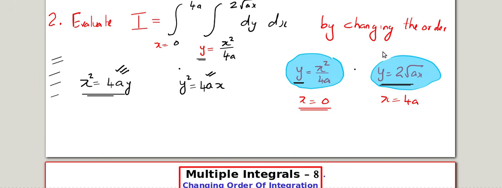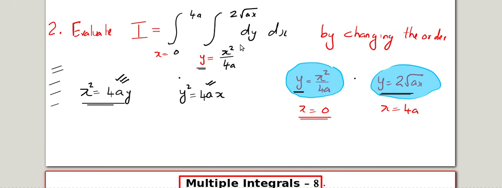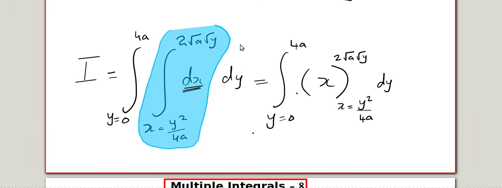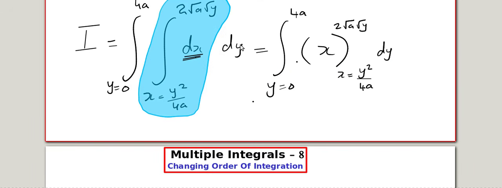If you evaluate the original integral also, it looks the same. And this integral also looks the same, so therefore it is same. But remember, there are some integrals, once you change the order, becomes very easy to evaluate. So basically, you're just expanding your integration skill. Okay. So now you can plug in the upper limit.